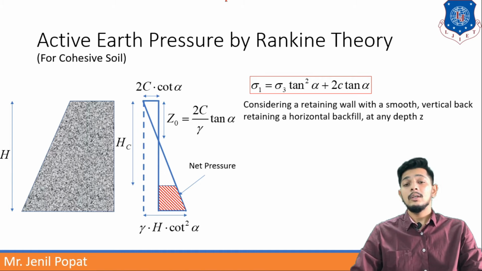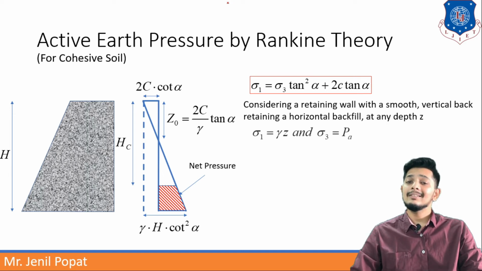Now, if we are considering a retaining wall with a smooth back and having some backfill behind it, then at any depth z, we can say sigma 1 is gamma into z and sigma 3 is PA, the active earth pressure.